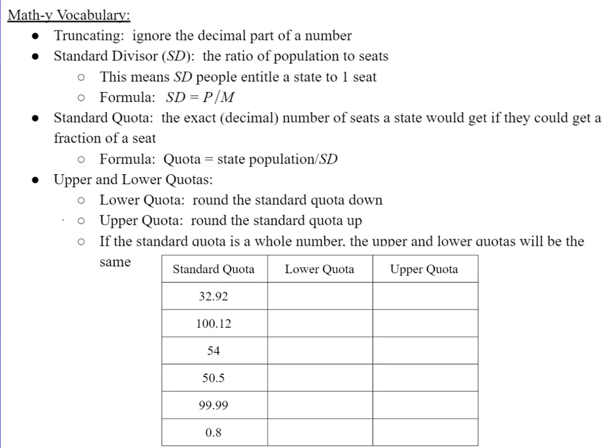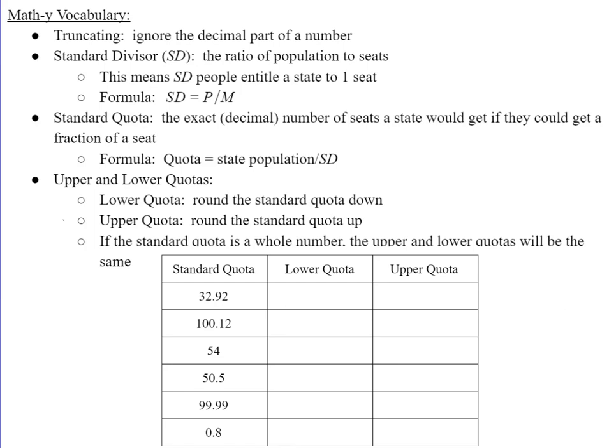That is the ratio of the population to seats. So for every, whatever your standard divisor is, that number of people, each state is entitled to 1 seat. The way we find the standard divisor is by taking the total population and dividing by the total number of seats, or P divided by M.